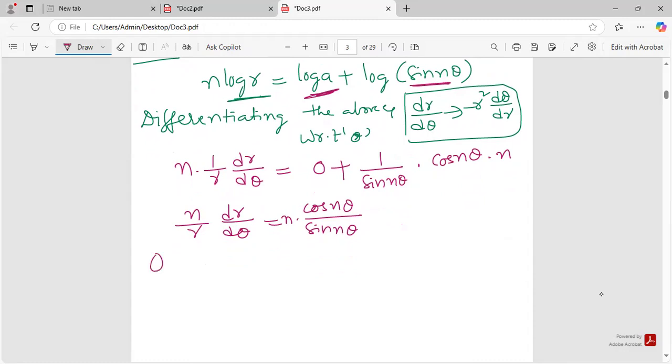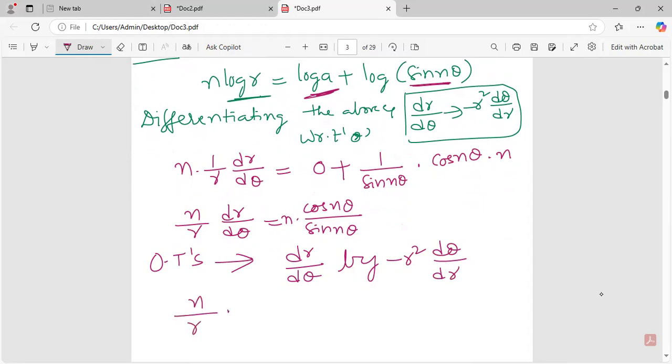What should I do for the orthogonal trajectories? In polar, replace dr by d theta by minus r square d theta by dr. So what I'll be getting is n by r into minus r square d theta by dr, equal to n cos n theta by sin n theta.